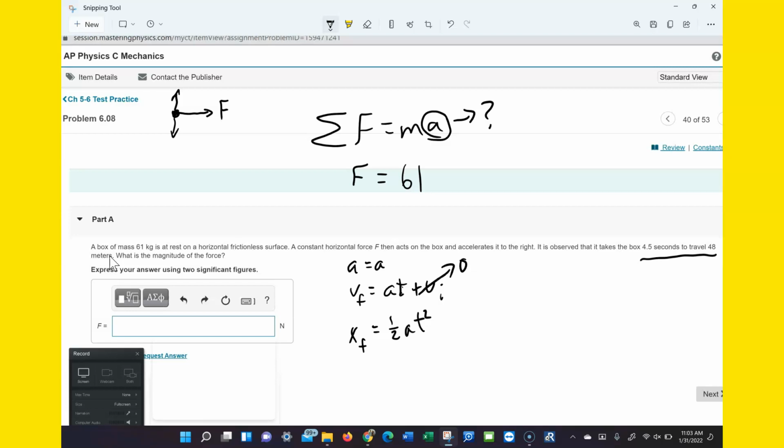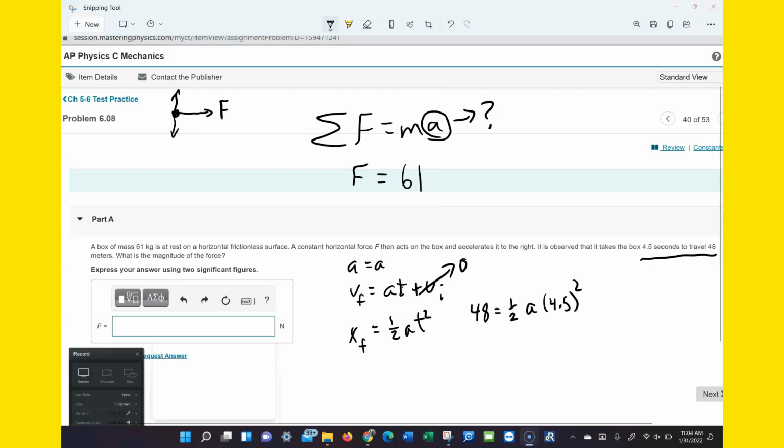So I think I know what I need to know here. xf is 48, a is what I'm looking for, and t is 4.5. So now if I just do the algebra to solve for a, I should be able to get a.